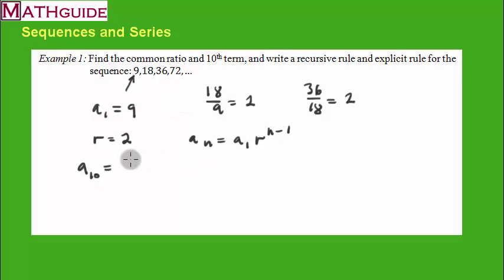I know the first term is 9. I know the common ratio is 2. And since n is 10, I take 10 minus 1 for the power. So I simply have to plug this into a calculator to get the 10th term. And it's 4608.